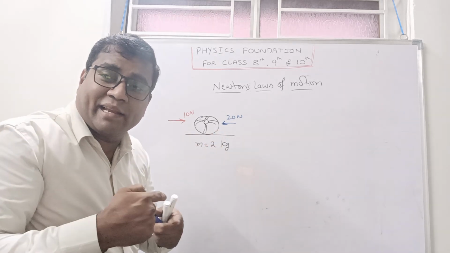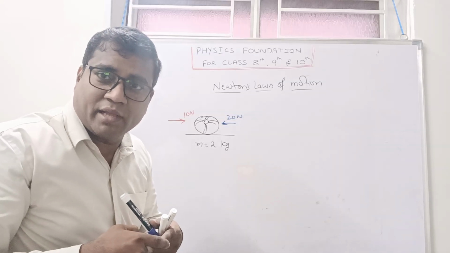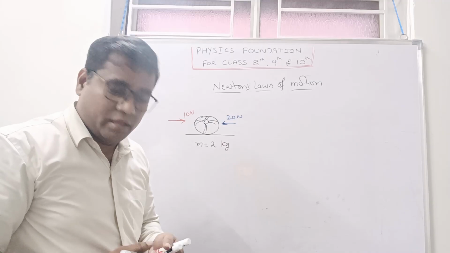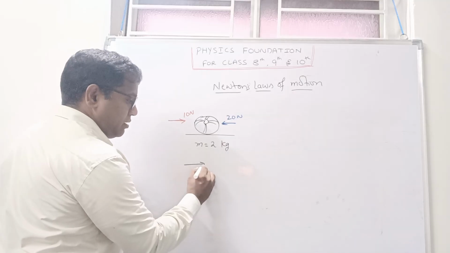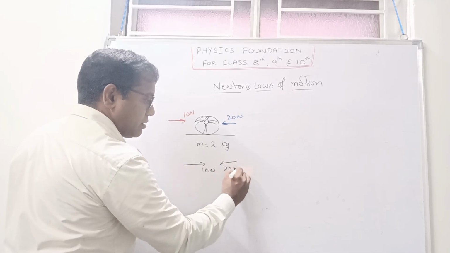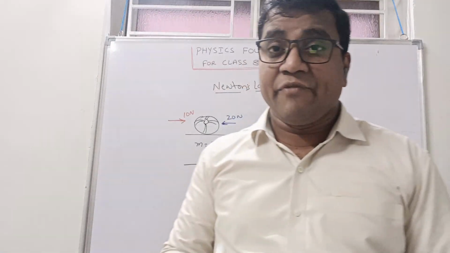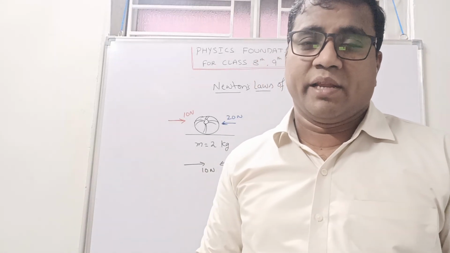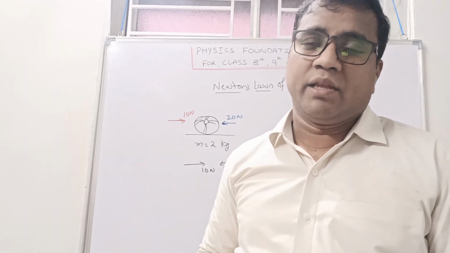So we have to calculate the total force acting on the body. How to find the total force? See here, one force is acting in this direction, 10 Newton, and one force in this direction, 20 Newton. Correct? We know acceleration is a vector quantity, so force is also a vector quantity.